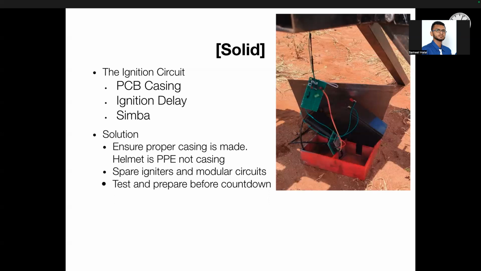Modular meaning, if I'm not wrong, the propulsion team had one circuit ready, that is, we were using one circuit for all 4 rockets. So for future launches, I would suggest having spare igniters and circuits, such that if any one of them has a problem, you can simply plug out and plug in a new one, especially ESP32s.